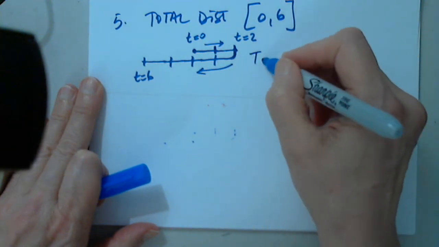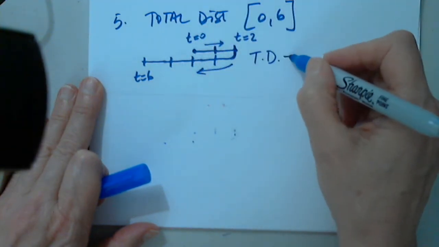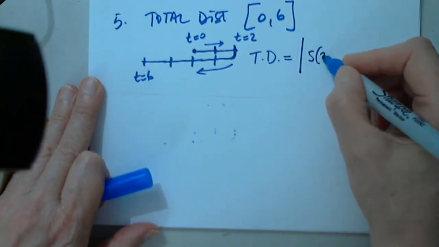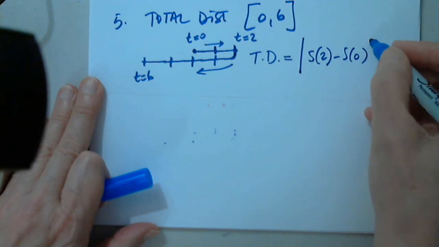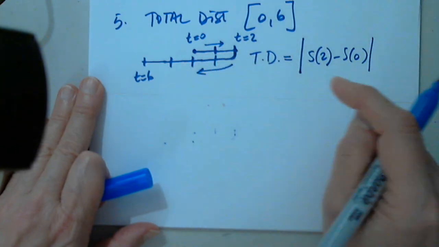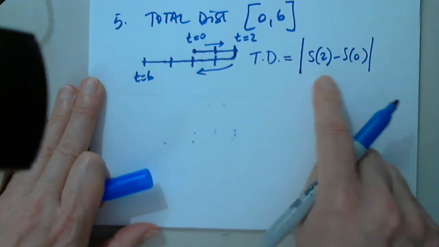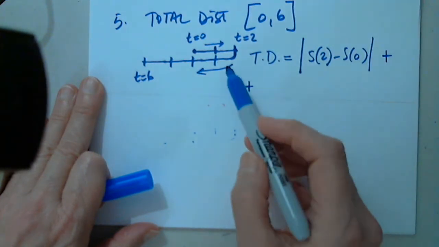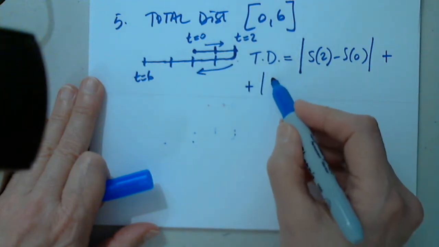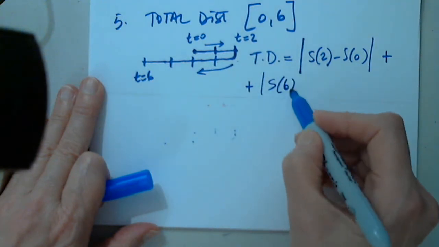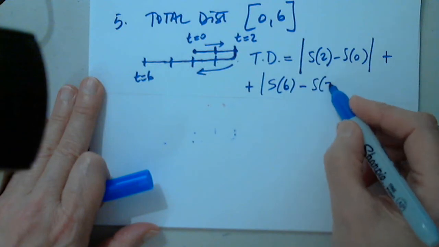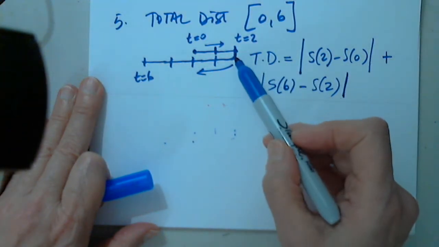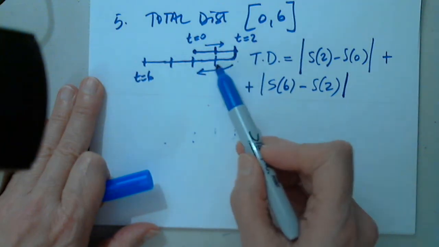So the total distance, TD, equals the absolute value of S of 2 minus S of 0, which is this distance. And you can say, but it's positive, you don't need to use the absolute value. True. Plus this distance, which is S of 6 minus S of 2. And this one definitely needs the absolute value because otherwise it will be negative.